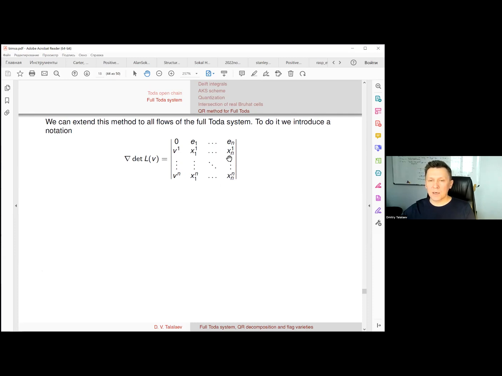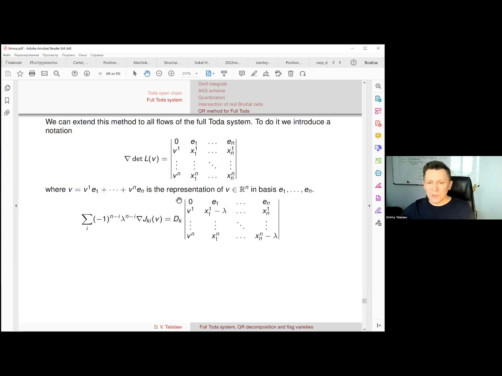So here X, I, J are elements of the Lax operator L. Okay, and we apply a differential operator of this type to such a determinant and decompose it into powers of lambda and consider the elements of this form, which are now linear operators.